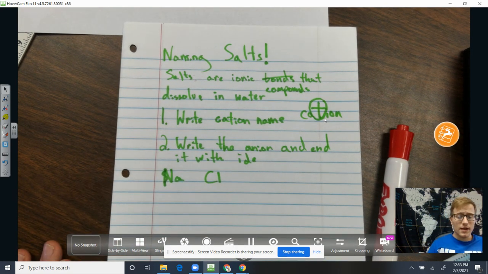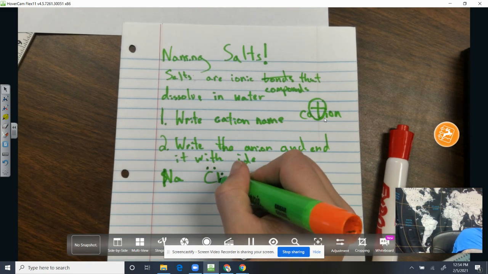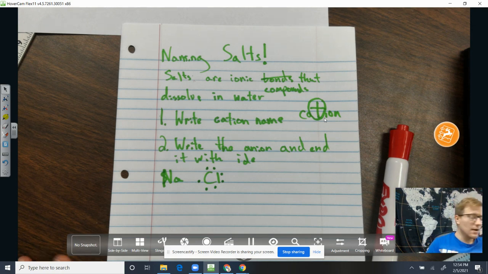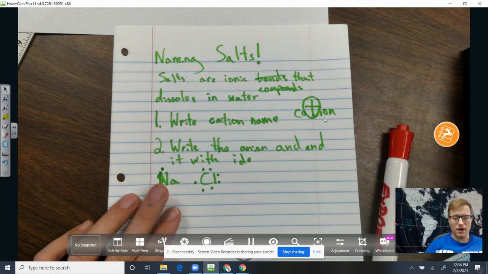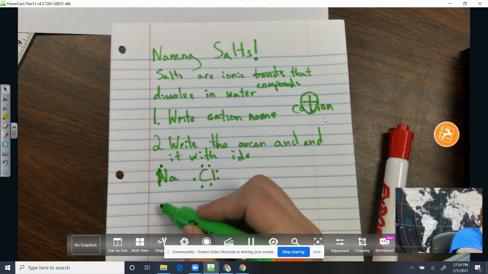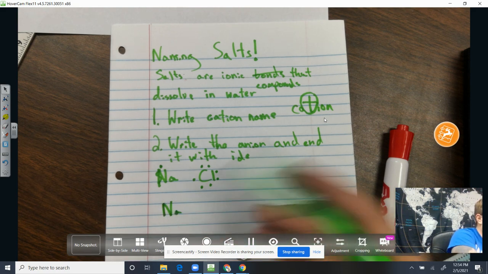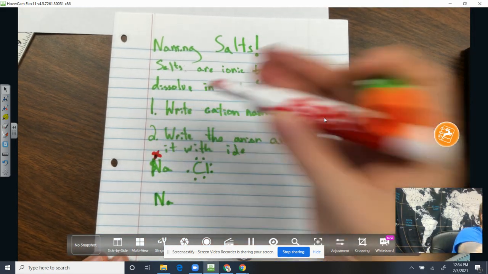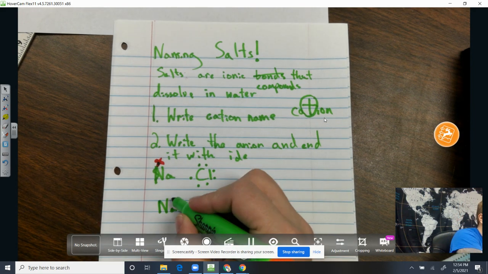Now, if we remember our valence electrons, Cl has 7 valence electrons. Na has 1. So when they become ions, they're going to combine by Na losing its electron. Now once Na has lost its electron, it becomes positive.